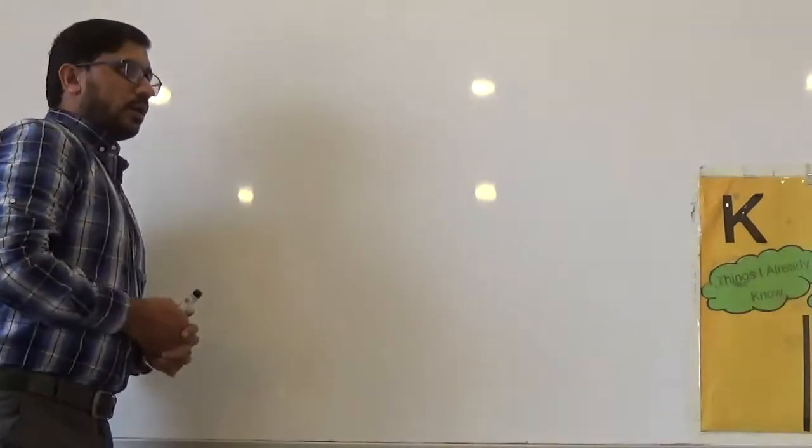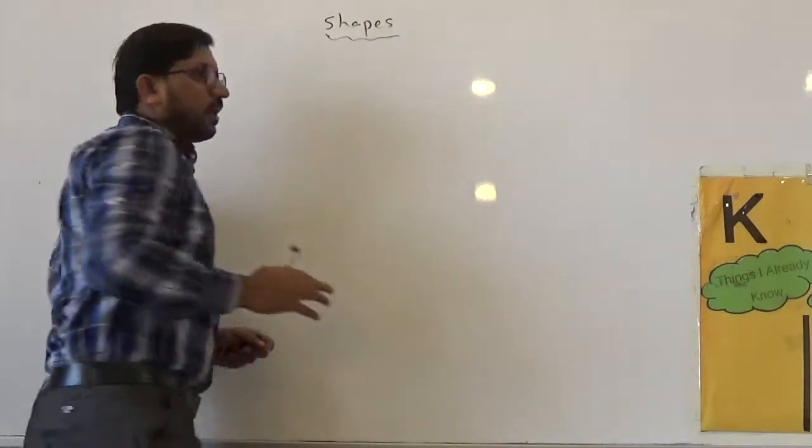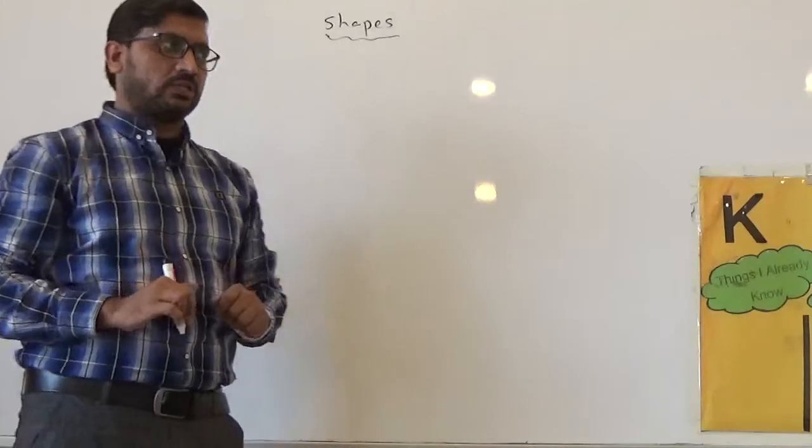So now we are just going to discuss shapes, different shapes, what type of shapes we have and how much you have utilized them until the secondary level of your mathematics.